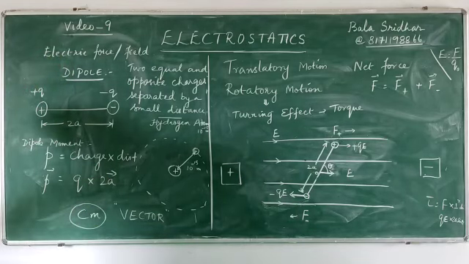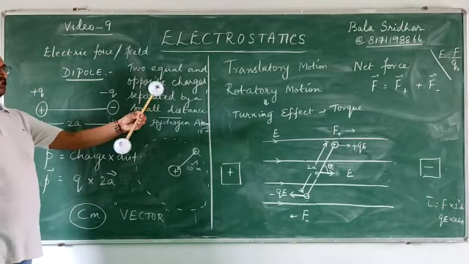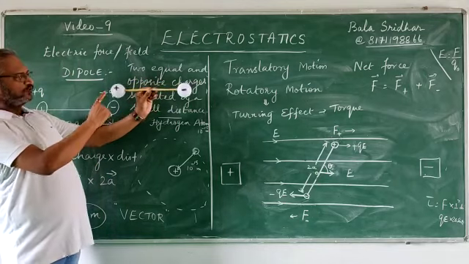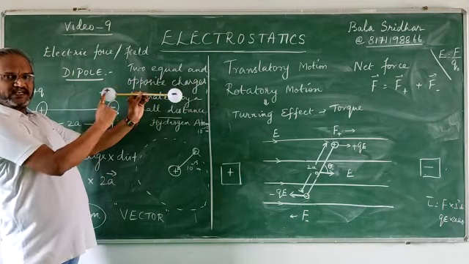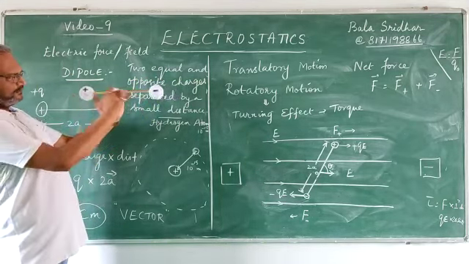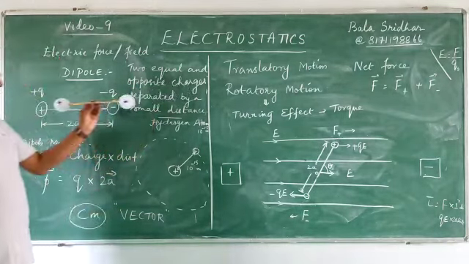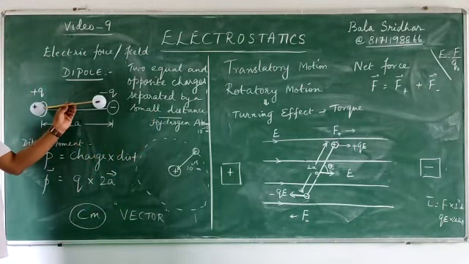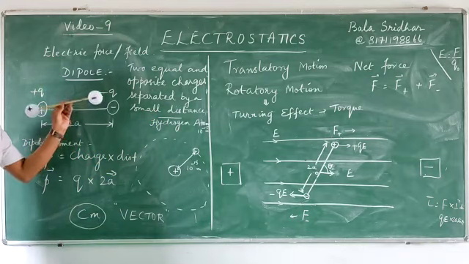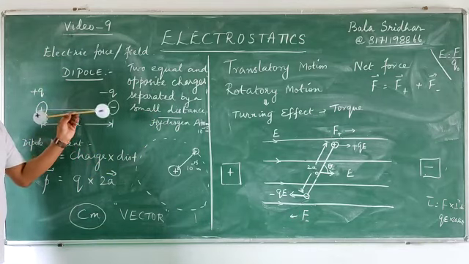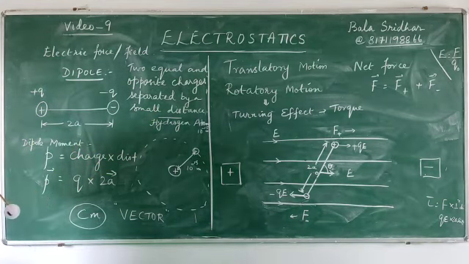Now, let us take for example a model of dipole. There are two charges, equal and opposite, and separated by a distance, right? And this sets up a dipole. Now, dipole has something called dipole moment. What is a dipole moment?